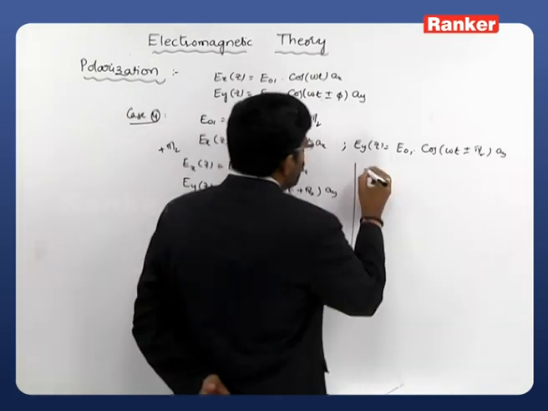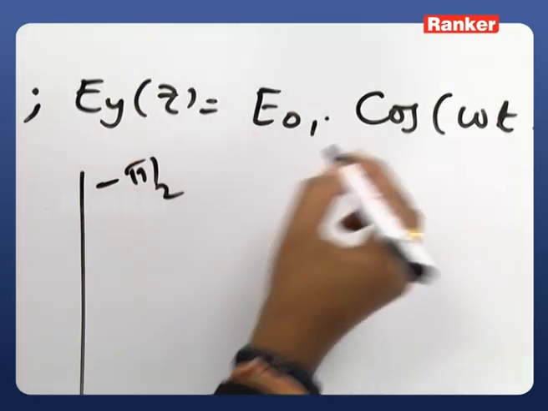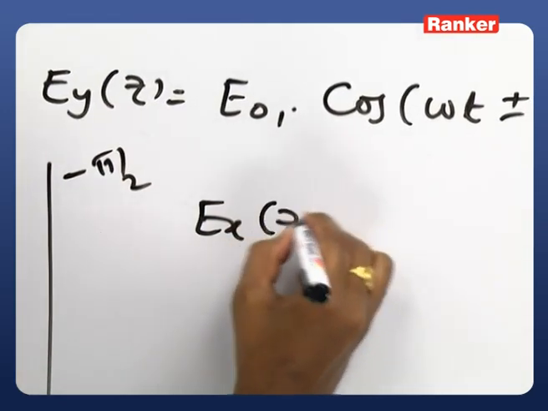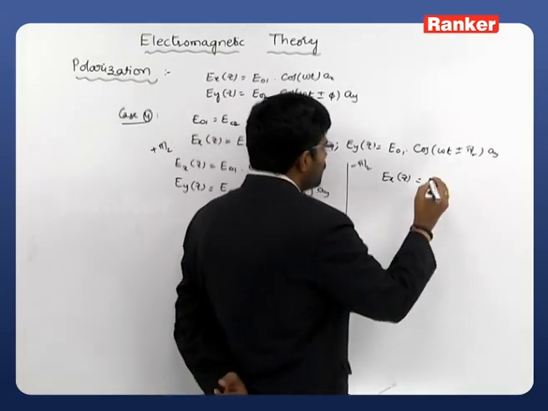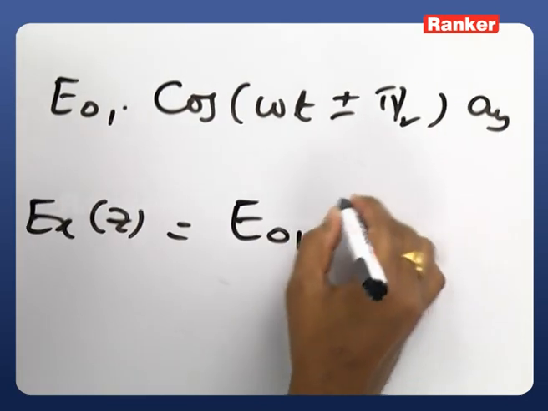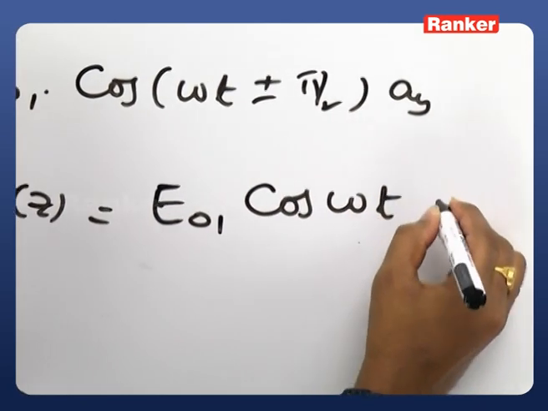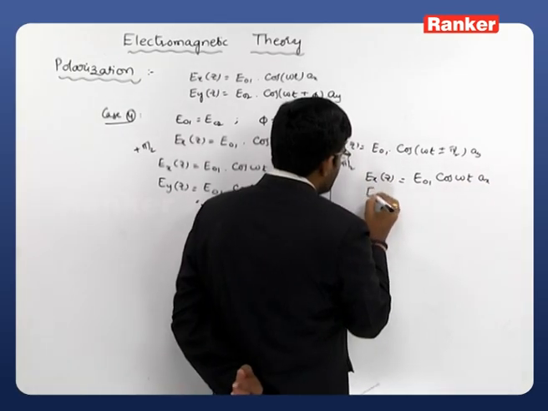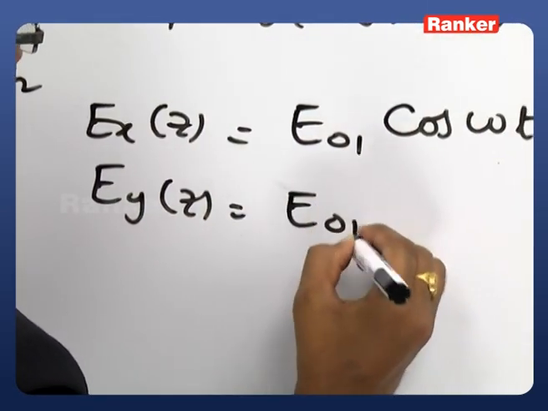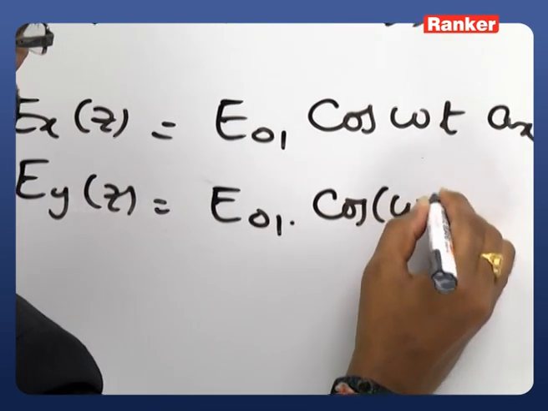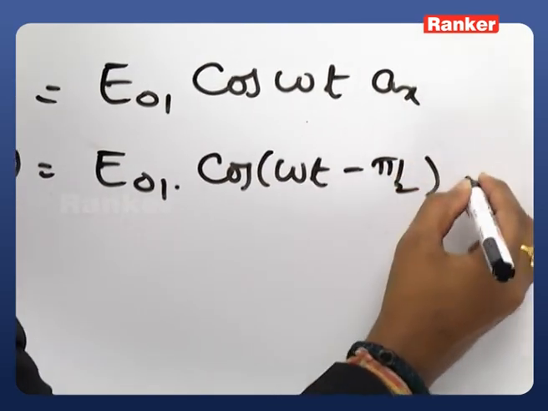In the same way, for the minus pi by 2 case, just write down the equation of Ex of z. Ex of z is the same as our previous one, that is E naught 1 cos omega t Ax, and Ey of z is E naught 1 cos omega t minus pi by 2 Ay.